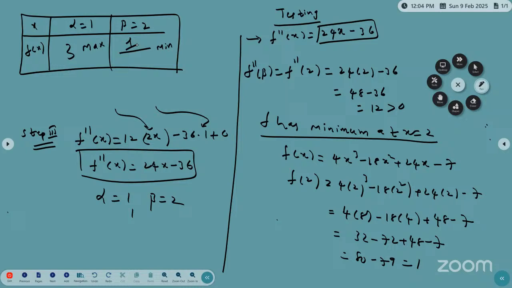What is the minimum value? 1. Maximum value? 3. Where are you getting this minimum and maximum? At 1 and 2. They are stationary points. Minimum and maximum are 1 and 3. The values in the below row are the minimum and maximum of the stationary points above. Nice.